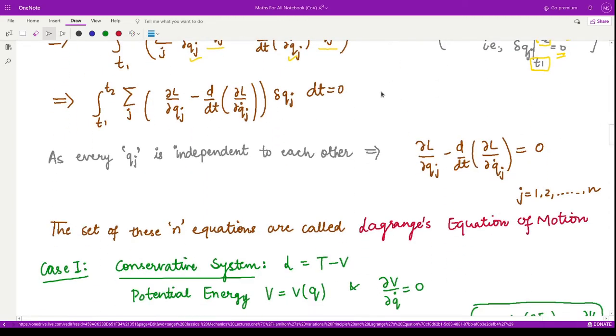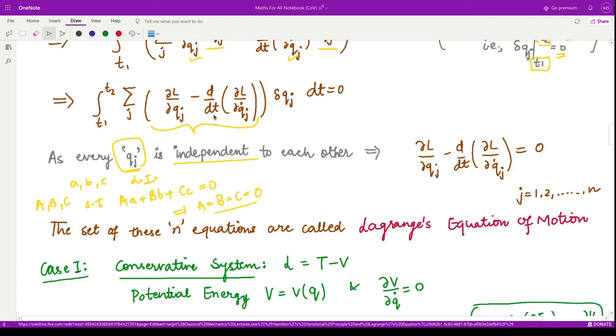Now all these qj are independent of each other by virtue of the definition of generalized coordinates. Therefore these coefficients are equal to 0. If you have three vectors, say a, b, c, that are linearly independent of each other, that means if we have scalars capital A, capital B and capital C such that capital A into small a plus capital B into small b plus capital C into small c equals 0, it implies A equals B equals C equals 0.